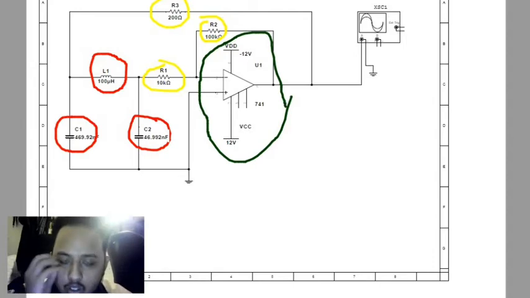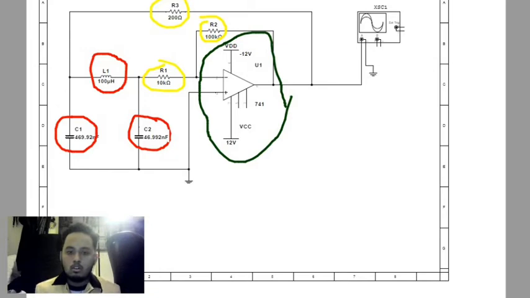As we know, we have 12 V VCC at positive, and our VDD is 12 volt. The name of this operational amplifier is LM741.